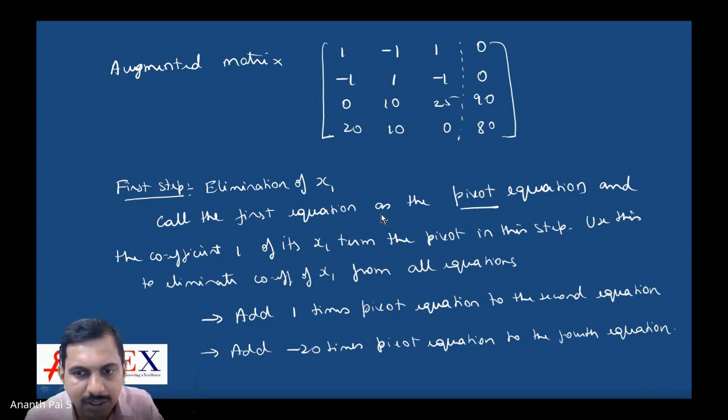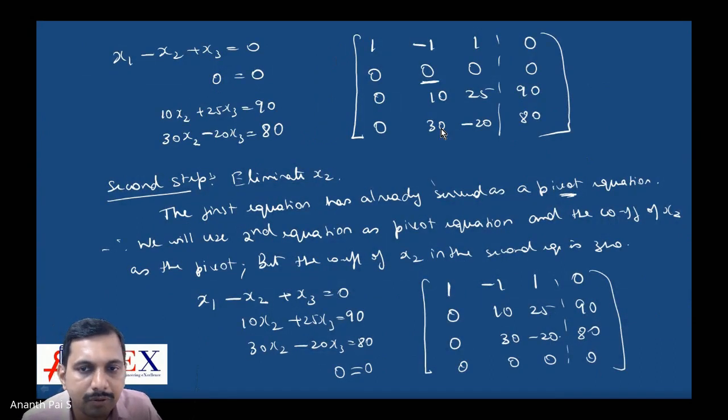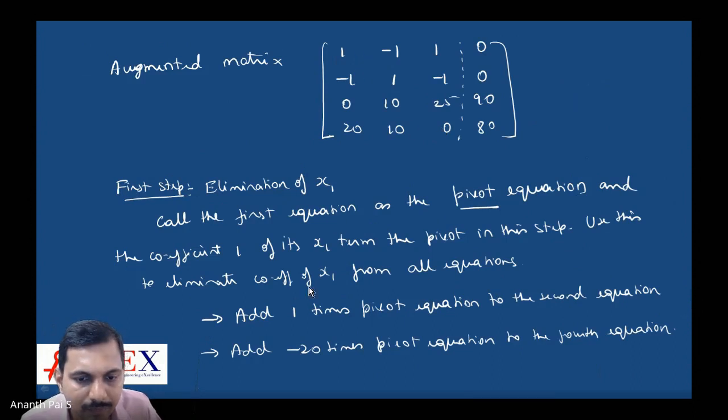Now elimination of x1. So we have to take a pivot equation. Call the first one as the pivot equation and the coefficient of 1. So what happens? Now what we can do here, observe here. So here add 1 times the pivot equation to the second, because then it will go to 0. So 1 into minus 1, 0.